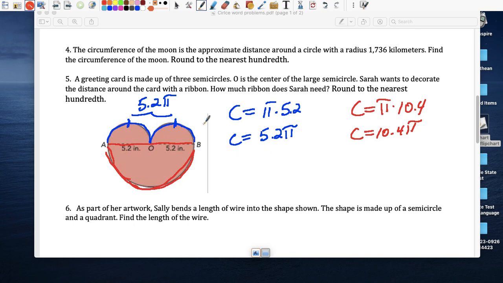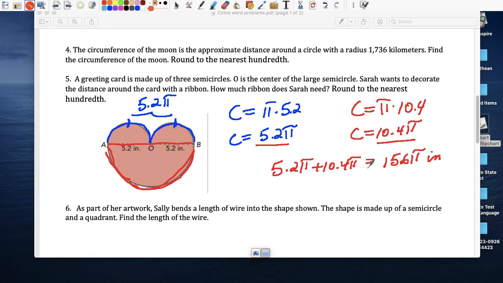Now, to find the whole distance around the shape, I can just add this and this. So 5.2 pi plus 10.4 pi. You can treat the pi as if it was a variable, so we add the coefficients 5.2 and 10.4. We get 15.6 pi.